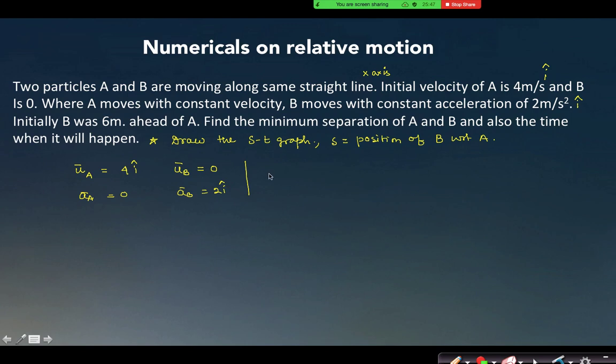The relative values. Can you calculate what is initial velocity of B with respect to A? What is this one? Minus 4. Yes, minus 4.